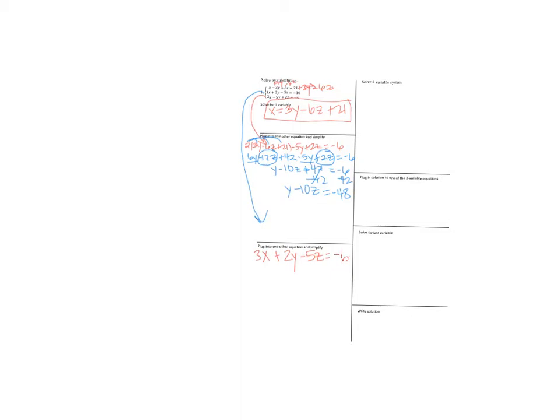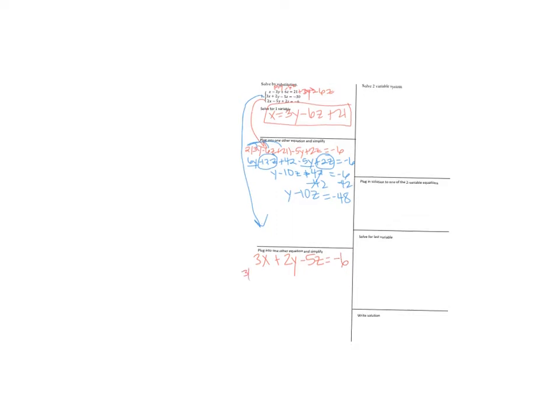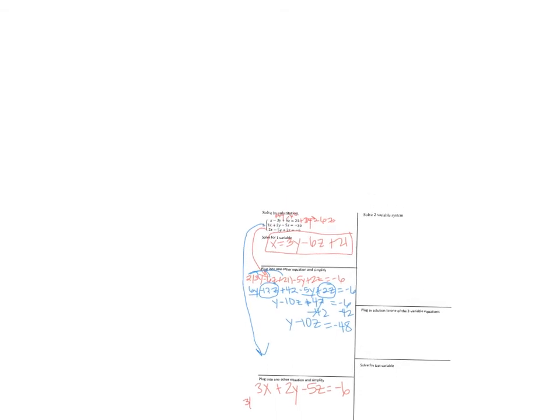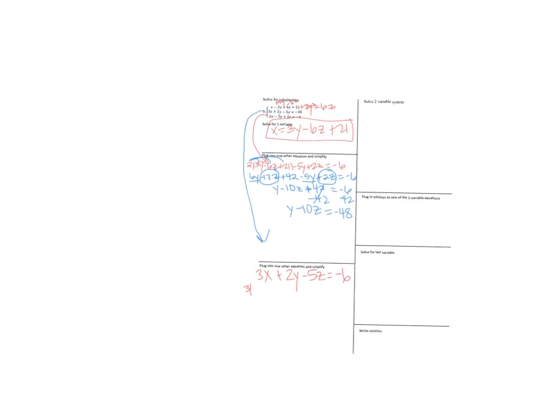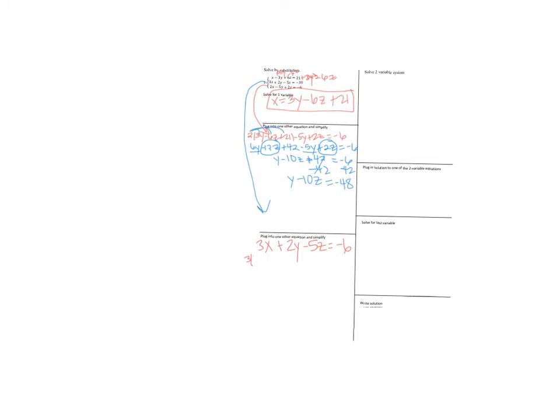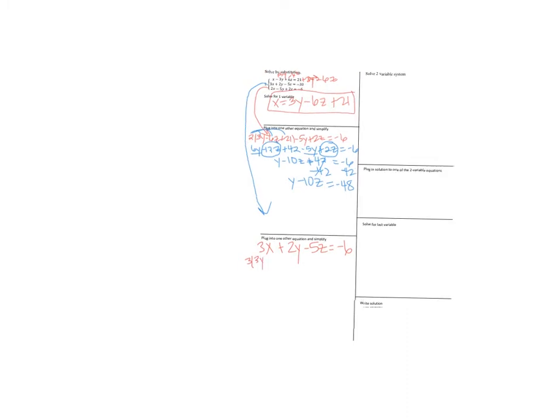And I need to plug in my equivalent expression of x. So forget this x right now. I'm going to plug in that same expression we got earlier, which is 3y minus 6z plus 21. So I plugged it in for this x right here. I still have to put plus 2y minus 5z equals negative 6.